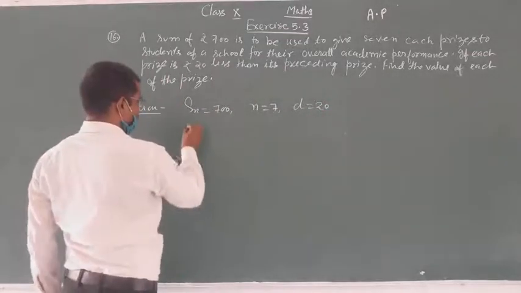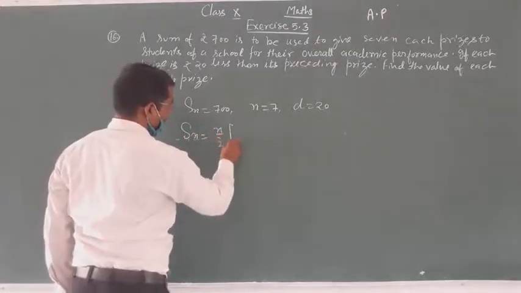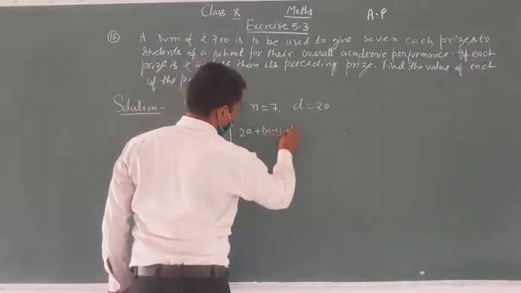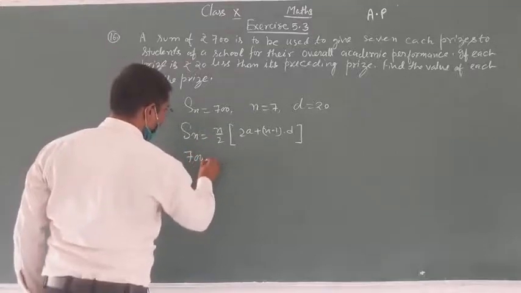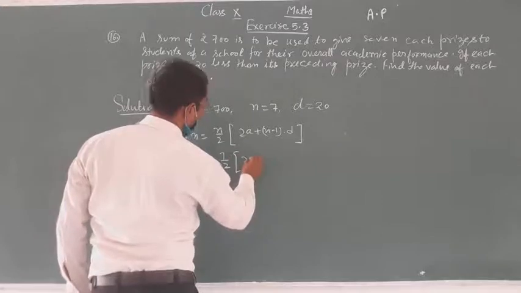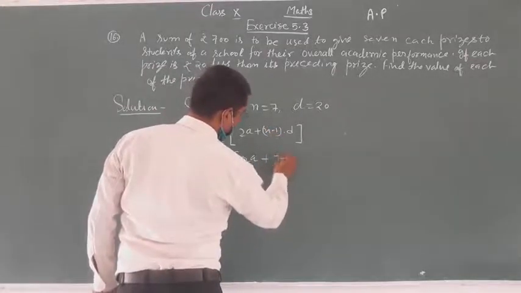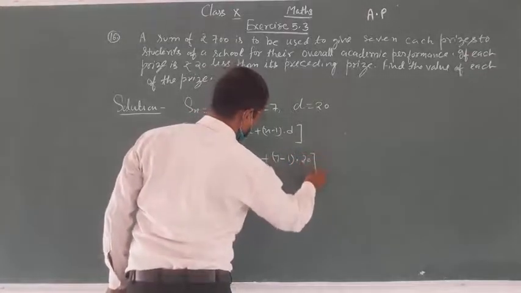Now the formula: Sn is equal to n by 2 into bracket 2a plus (n minus 1) into d. Now put here 700 equals 7 upon 2 into 2a plus (7 minus 1) into 20.